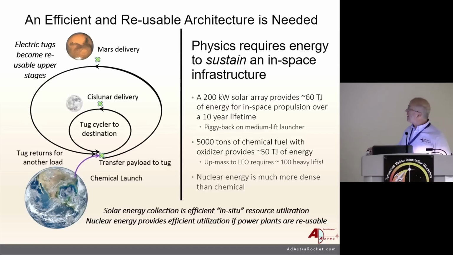So that gives you some kind of a clue about how much this in situ power supply for solar is worth. Nuclear energy, of course, is much more dense than chemical to the point where it doesn't really matter, but it really only helps you if you can reuse it. You really have to make sure that these systems are reusable, or else the cost is just going to drive you, you won't be able to sustain it. So reusability is a real big thing in this whole thing if we want to become sustainable.